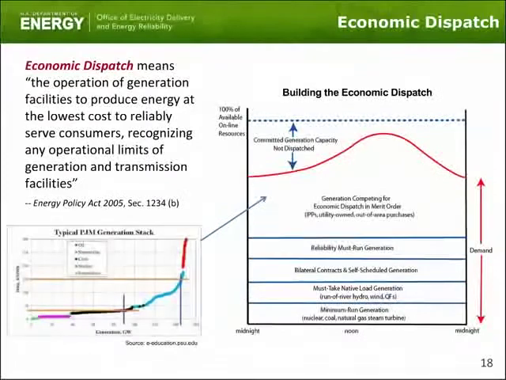And then the diagram on the left illustrates what's called the generation stack. Based on bids or other factors, it ranks the different generators based on cost. The costs vary minute to minute, but the price is based on the marginal cost of that last unit needed to meet the demand that's faced.